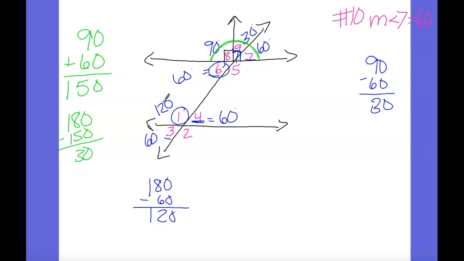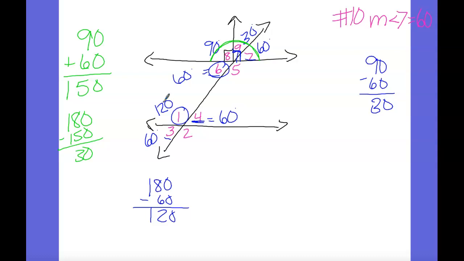Okay. Could I use that same knowledge to figure out 5? Yeah. Which 2 angles are consecutive interior for 5? 5 and 4 are on the same side and on the inside, right?